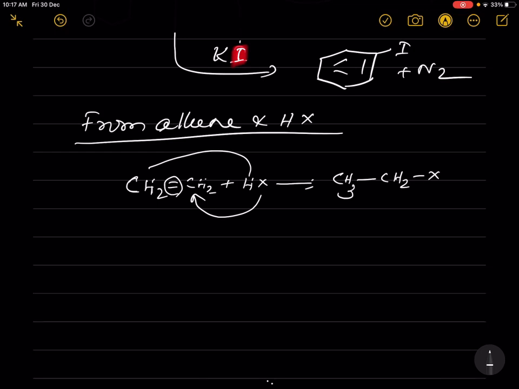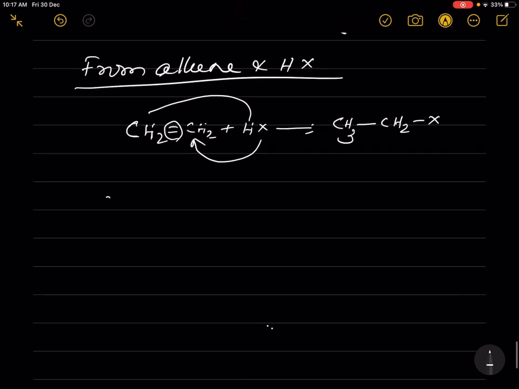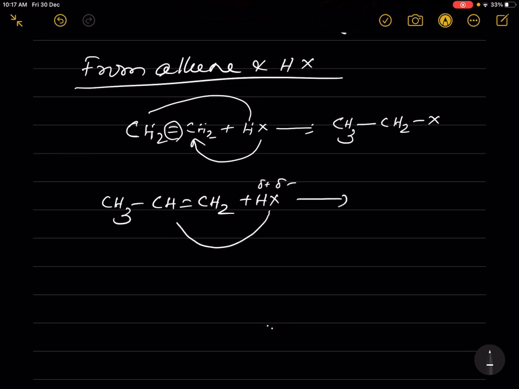Next, if it is an unsymmetrical alkene and you treat with HX, the negative part goes to the carbon atom which contains fewer hydrogens, and the positive part goes to the carbon atom of the double bond which contains more hydrogens. You see, here there is one hydrogen, here there are two hydrogen atoms.